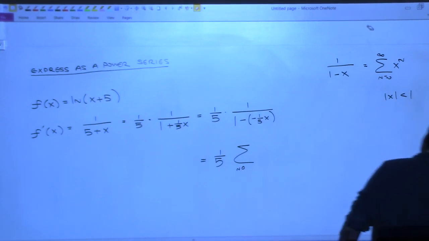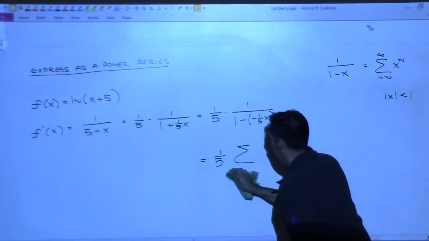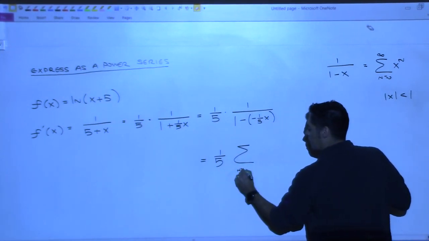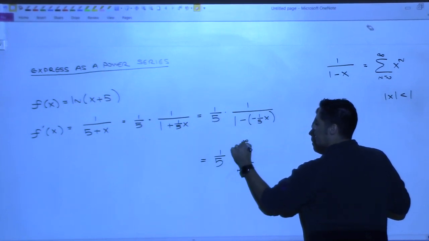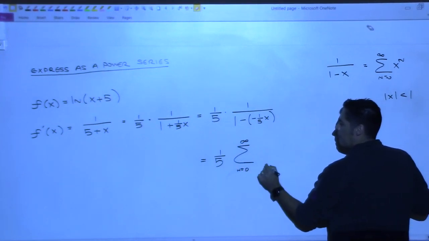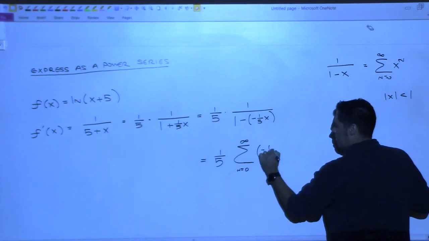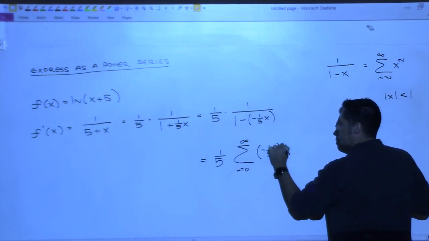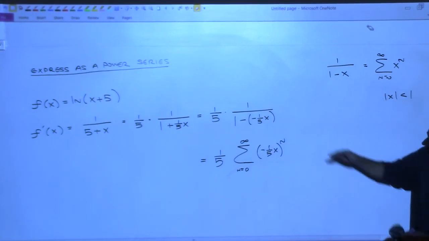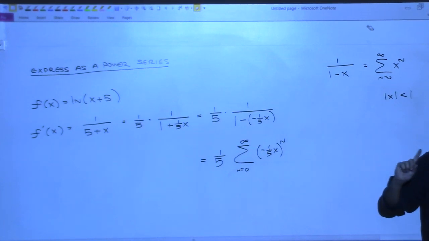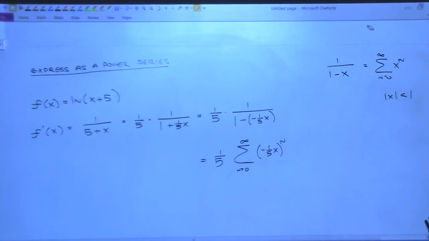N equals 0 to infinity, right? No. N equals 0, I almost did it again. N equals 0 to infinity of what? Negative 1/5 x to the n. So this becomes this so long as what? There is a condition here.